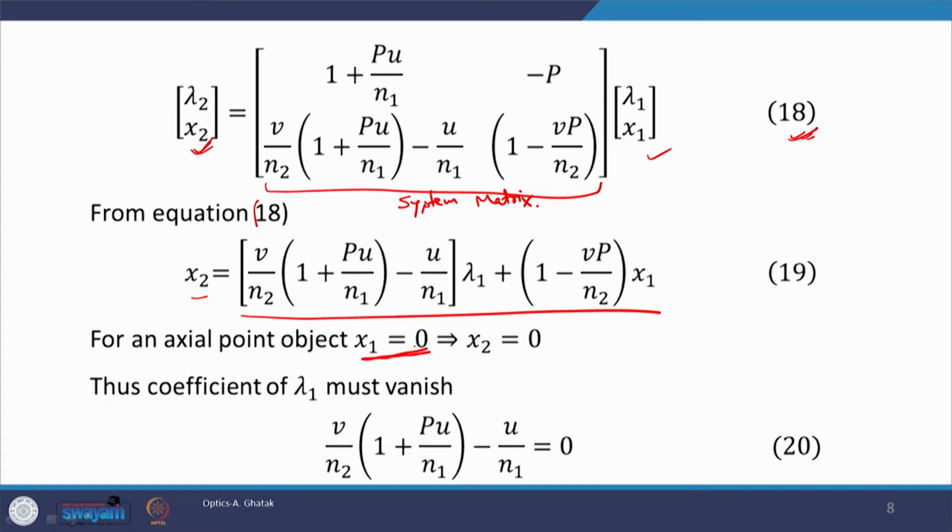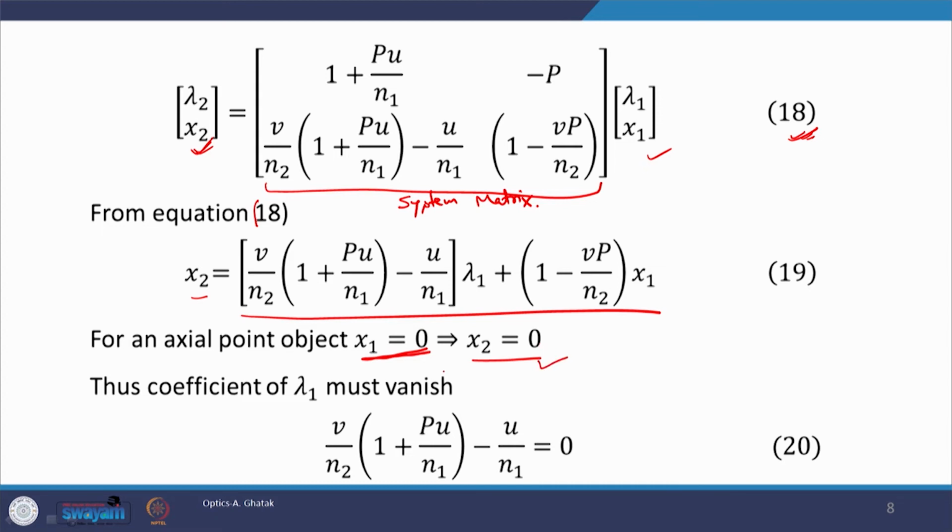And this object being a point object on the axis of the system will lead to a point image. Since the image is a point image, x2 would again be equal to 0.